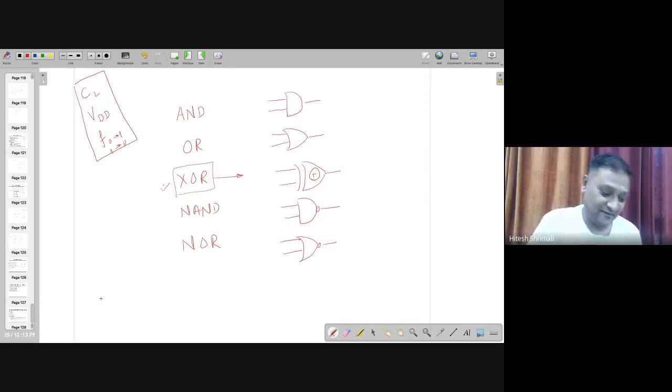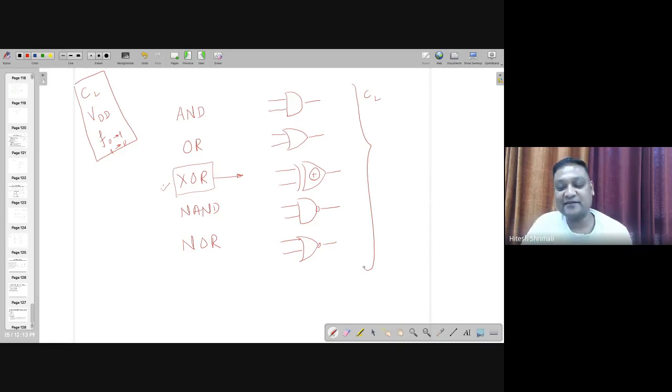Okay. For you, I am making life very easy. Let's assume that all gates have equal CL. I have designed it such that all gates have equal CL, equal resistances, and equal TPHL and TPLH. So CL is gone now.